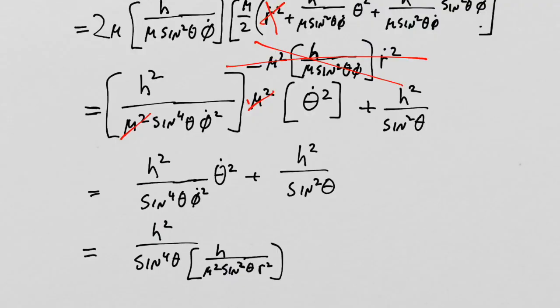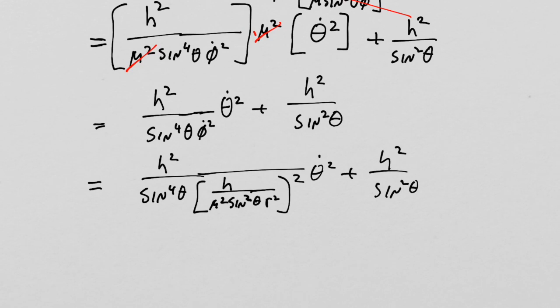And so I've got to square that. And then that'll be theta dot squared plus h squared over sine squared theta. And then what happens here is everything, again, kind of uncancels itself, or cancels itself out, I suppose.